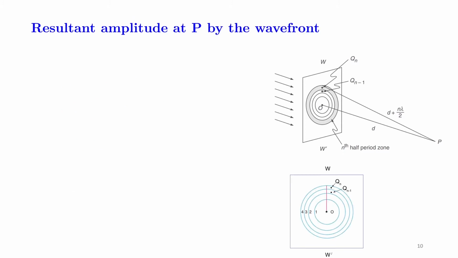We are now in a position to find out the resultant amplitude at P by the wavefront. So what you see here in this picture is the wavefront W W dash.